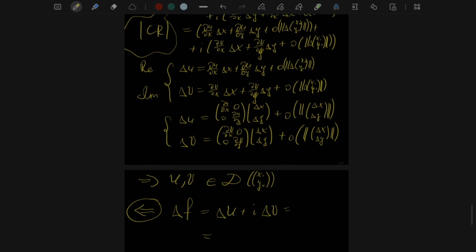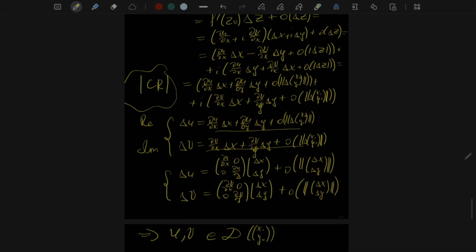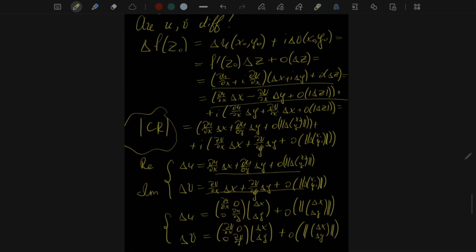So, since both of them are differentiable, we get these values, and then by combining them back and using the CR equations, since they are assumed, we return to this one.